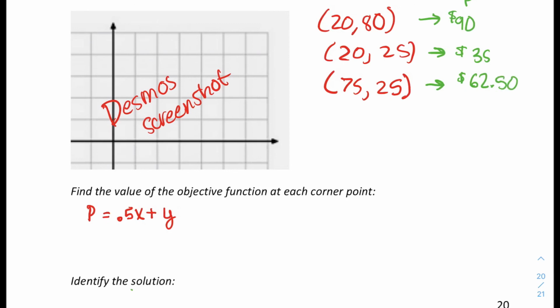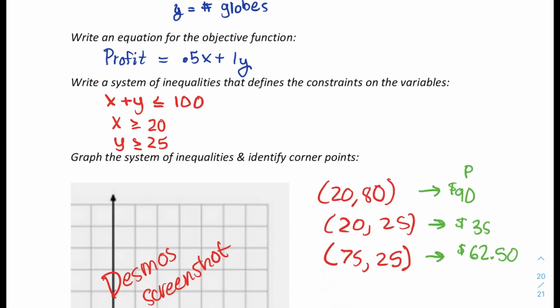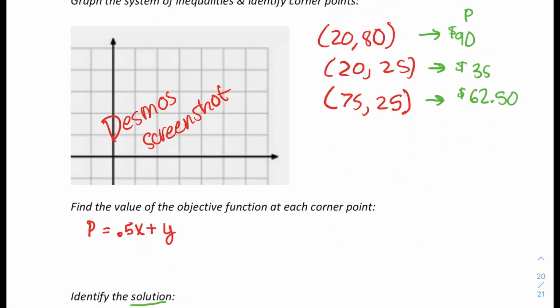So not a real great income there for Brad, but his maximum income is $90. And remember, if you look at your original variables that we defined, x was journals and y was globes. So he's going to have a maximum profit of $90 by stocking 20 journals and 80 globes.